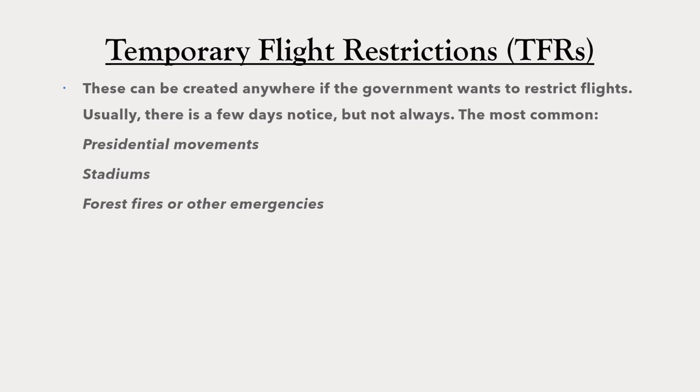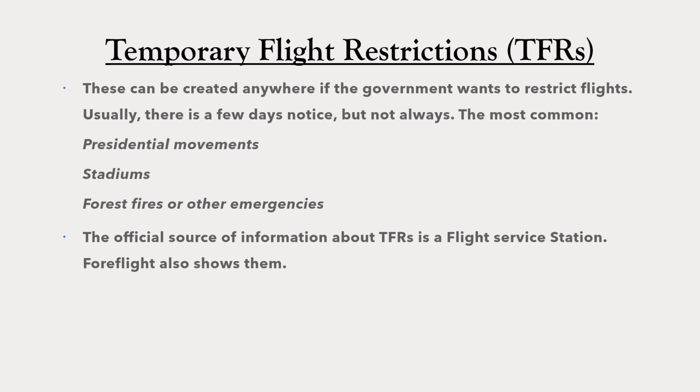If there are forest fires or some kind of other emergency, the government may put a flight restriction in the airspace that surrounds that. Usually that's because they're using that airspace to deal with the emergency. There might be firefighting aircraft operating or something else going on there that they don't want them to be having to dodge people who are just looking around.